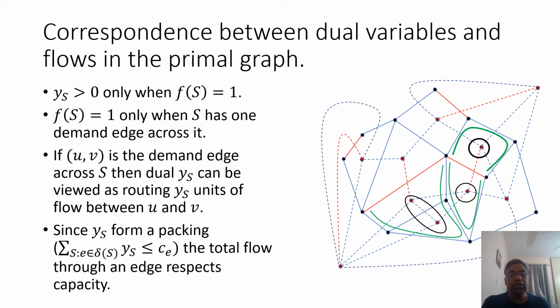And so the total value of the dual solution that we build for the 2-edge connectivity augmentation problem that we solve on the planar dual can be thought of as a flow in the original planar graph.